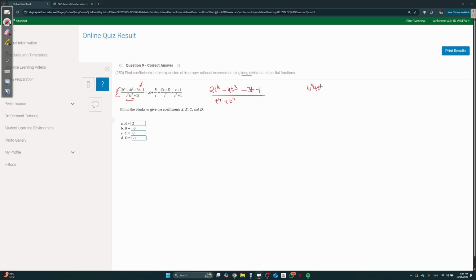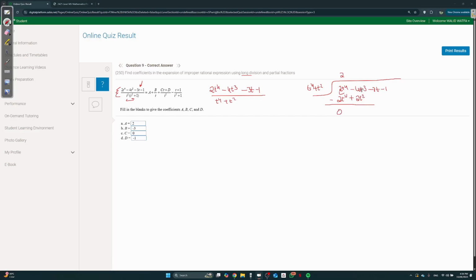t^4 plus t^2 into 2t^4 minus 4t cubed minus 3t minus 1. t^4 into 2t^4, you multiply by 2, right? So since you need to multiply by 2, t^4 times 2 is 2t^4, t squared times 2 is 2t squared. Subtract it. 2t^4 minus 2t^4 is 0.